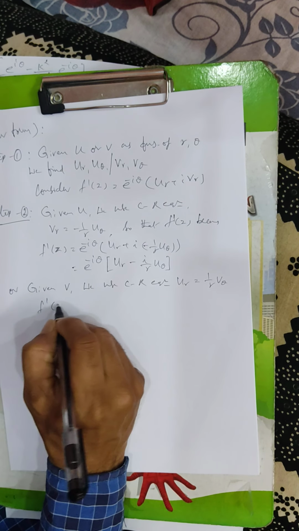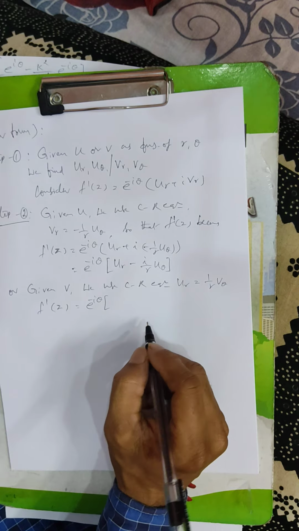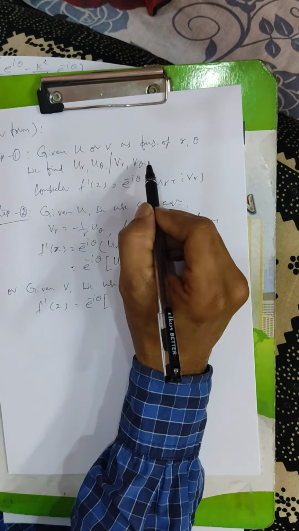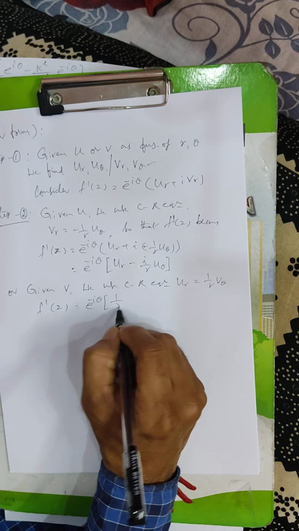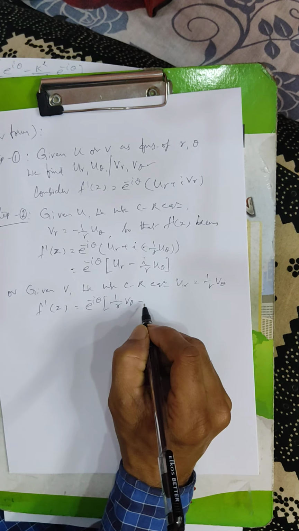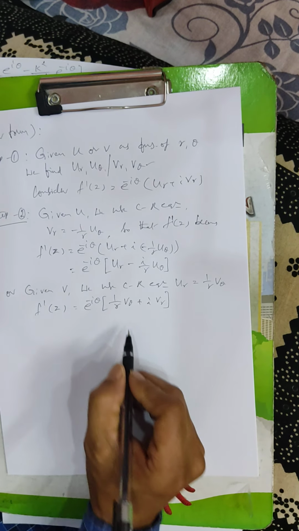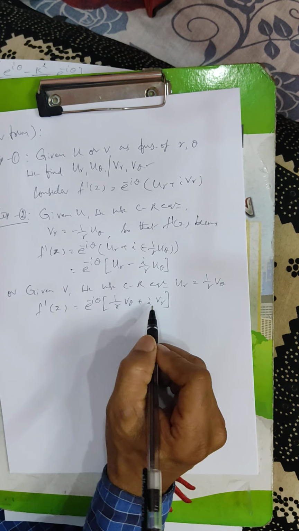So that f dash of z becomes e power minus i theta into, so when the given function is v, vr and v theta are available. So for ur, we write 1 by r v theta plus i into vr. Both the partial derivatives of v with respect to r and theta.